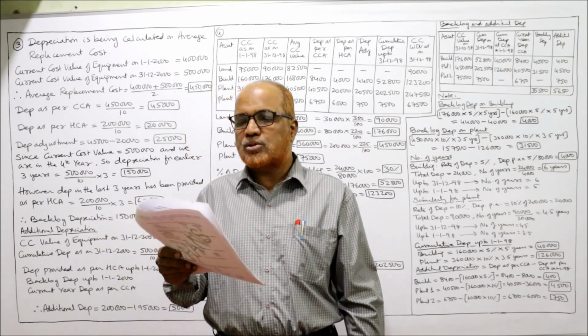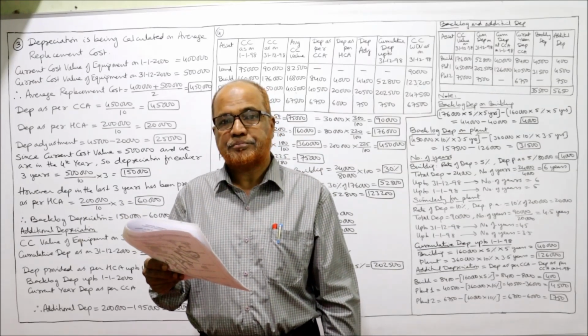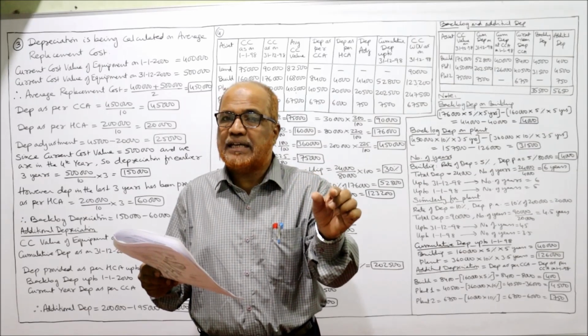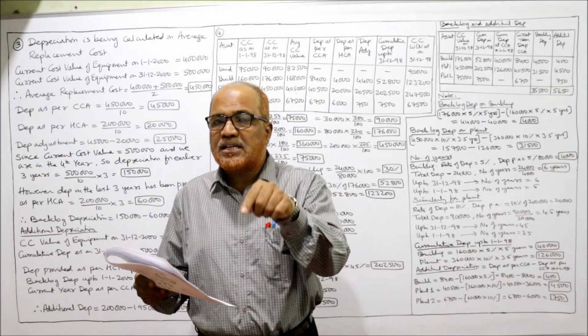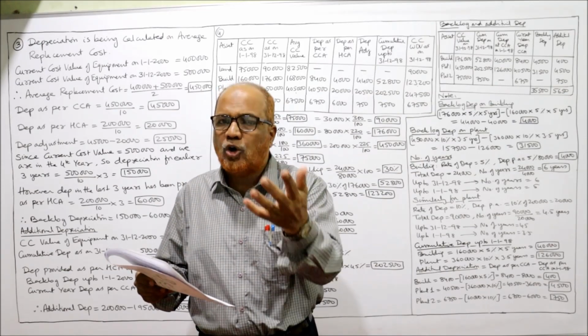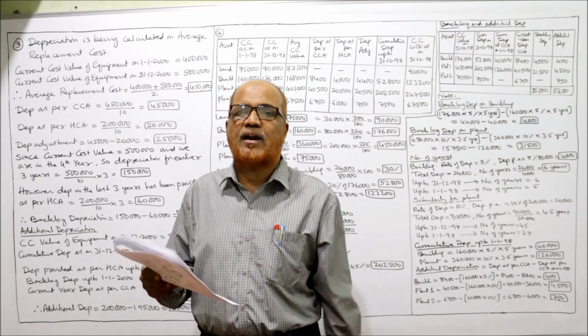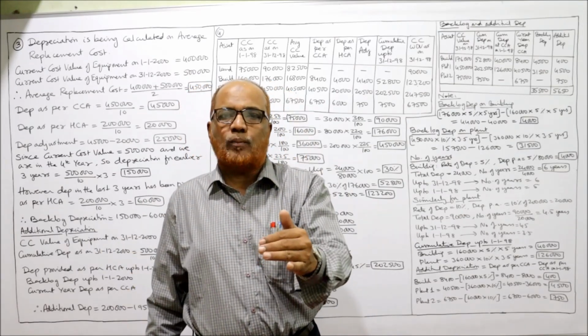Plant includes 60,000 installed on 1st January 1998. Total plant on 31st December 98 is 2,60,000. And it is saying that 60,000 worth of new plant was purchased on 1st January 98, the beginning of the current year. That means we'll divide into two plants, plant 1 and plant 2.